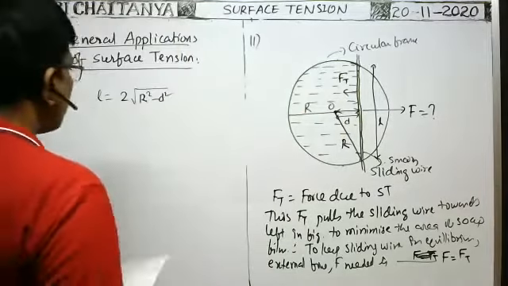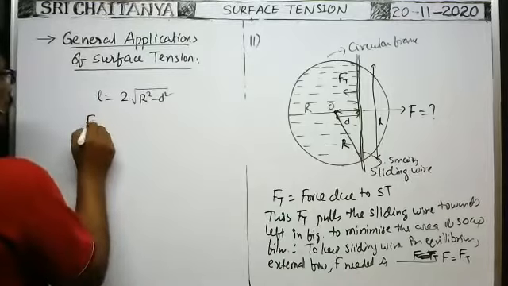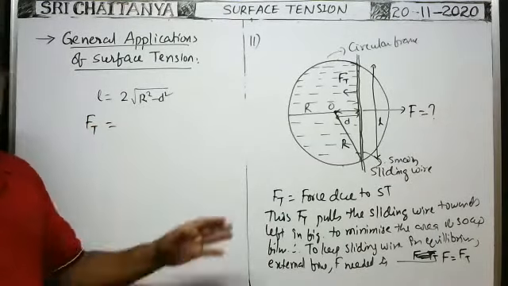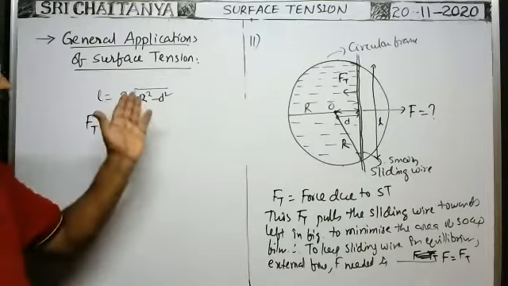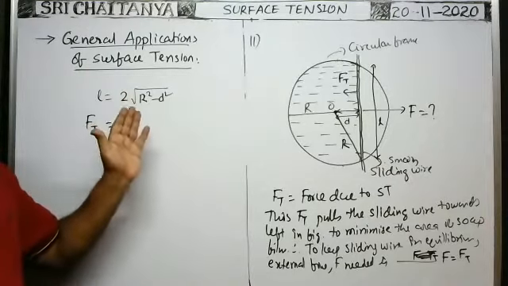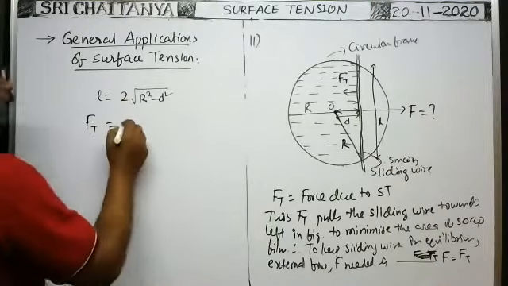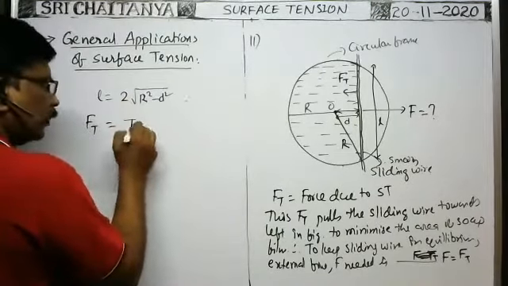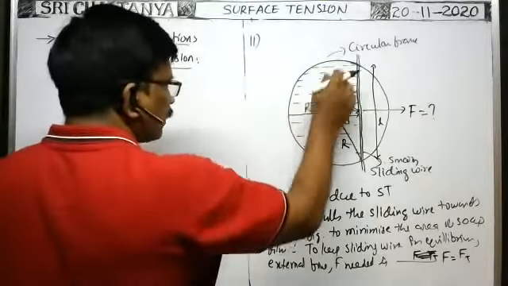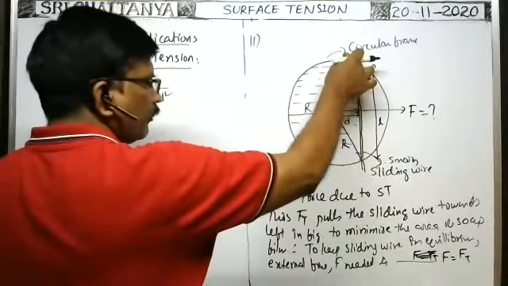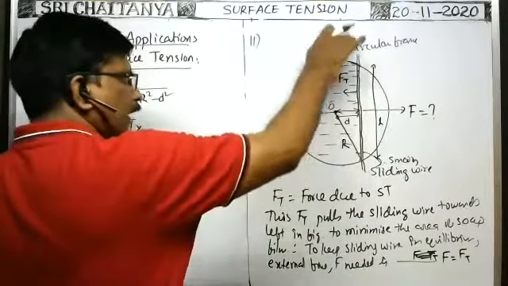Force due to surface tension acts on the wire. Surface tension into length of the free liquid surface in contact with the sliding wire: from this side L length of the liquid film is in contact, from the back side also L length is in contact.